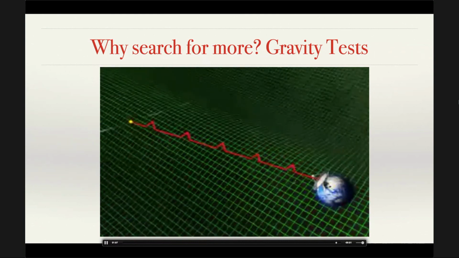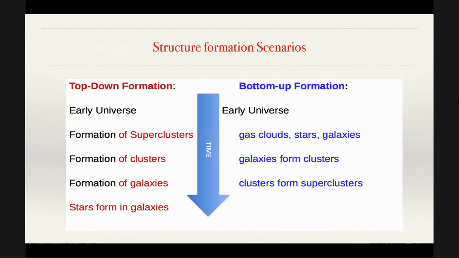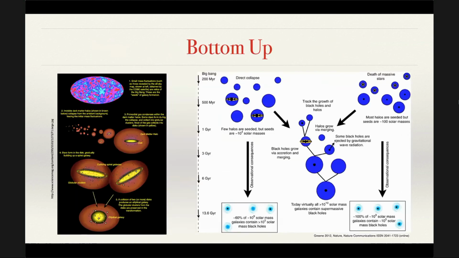And why is that important? Well, it's important because we think that the structure in the universe that we see, and the galaxies that we see around us now, formed via this so-called bottom-up process, where small galaxies with black holes in them merged together and made bigger galaxies, and then also made bigger black holes.